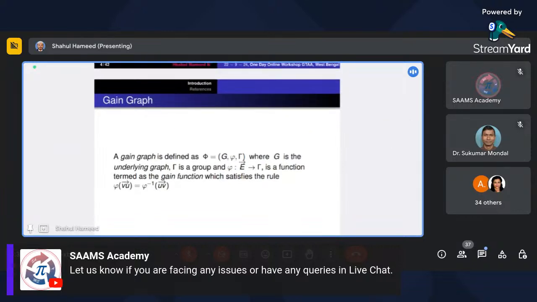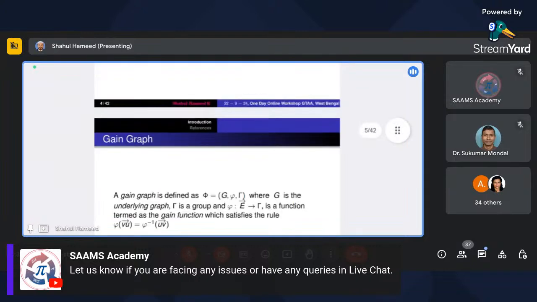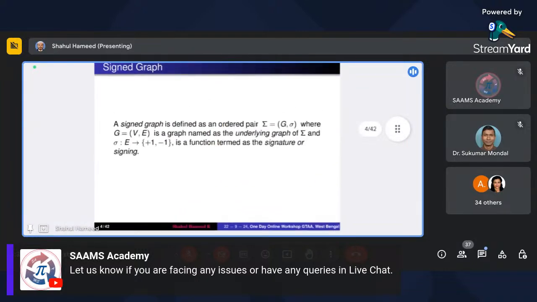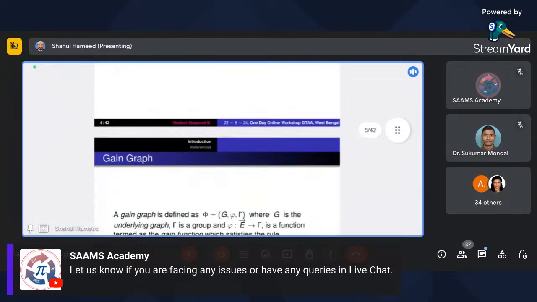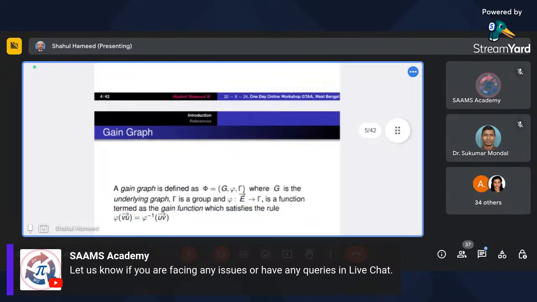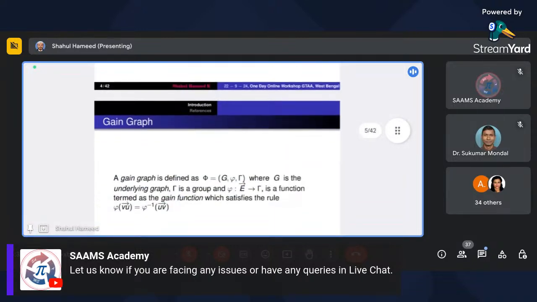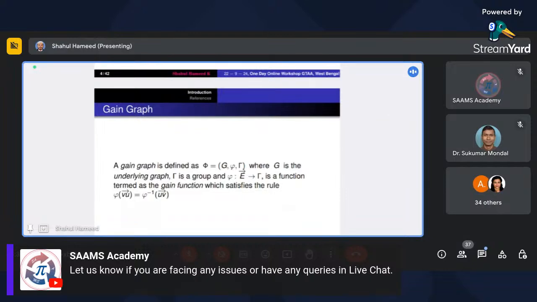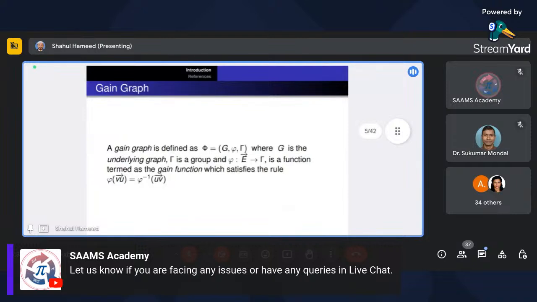Gain graph is a further extension of sine graph. For a gain graph, we require three things here. We require orientation also. In the case of sine graphs, you can see this set {+1, -1} is a multiplicative group. So replacing that multiplicative group by a general group gamma, and instead of this notation sigma for sine graph, we use this symbol phi, whatever it is. This we call the gain function from the oriented edge set.